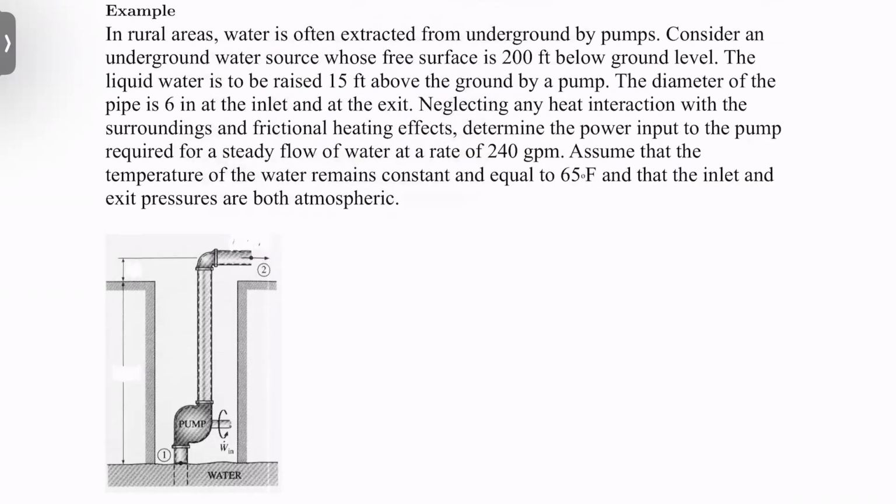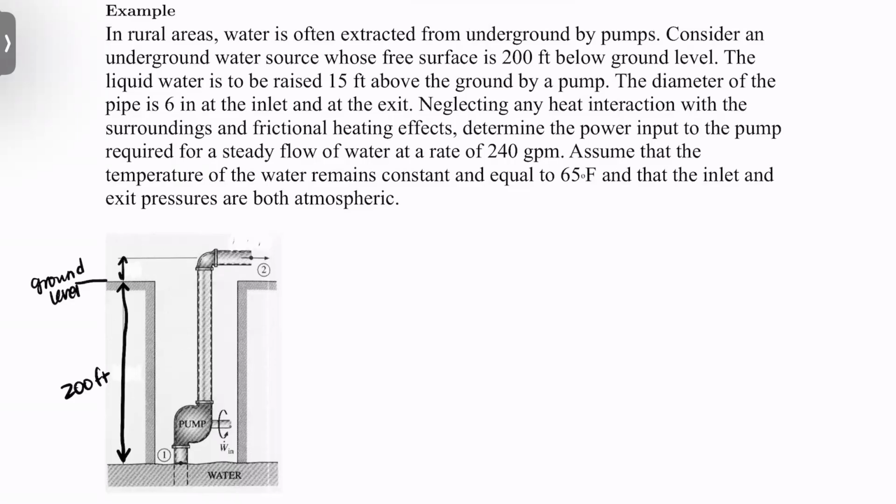that we have an underground water source whose free surface is 200 feet below ground level. Here's our ground level. So this dimension here is our 200 feet. The liquid water is to be raised 15 feet above the ground.